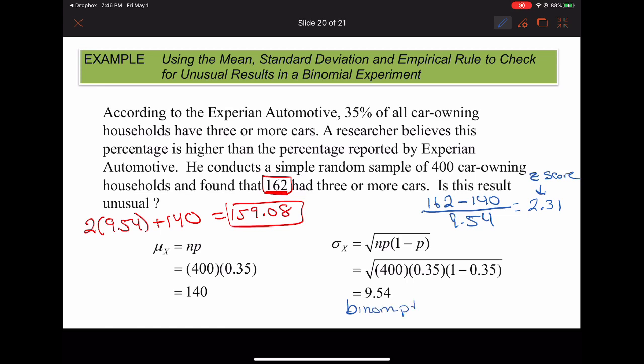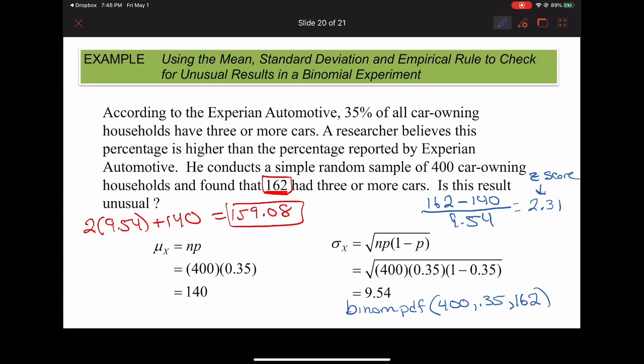Next, I'm going to do Binomial PDF. I have 400 households. The probability of success of having 3 or more cars is 0.35, and we want to know the probability of exactly 162 successes, exactly 162 of those car-owning households.